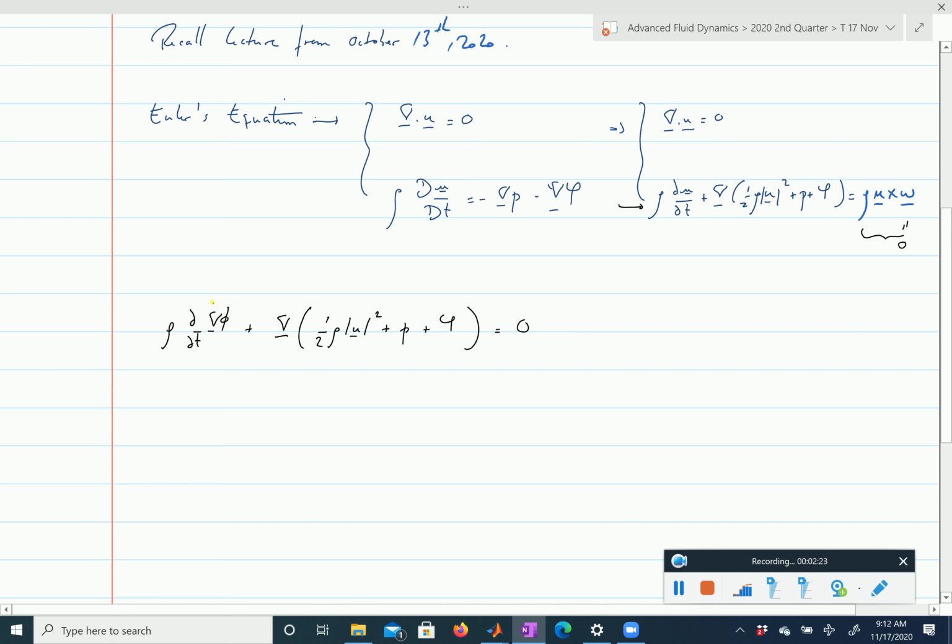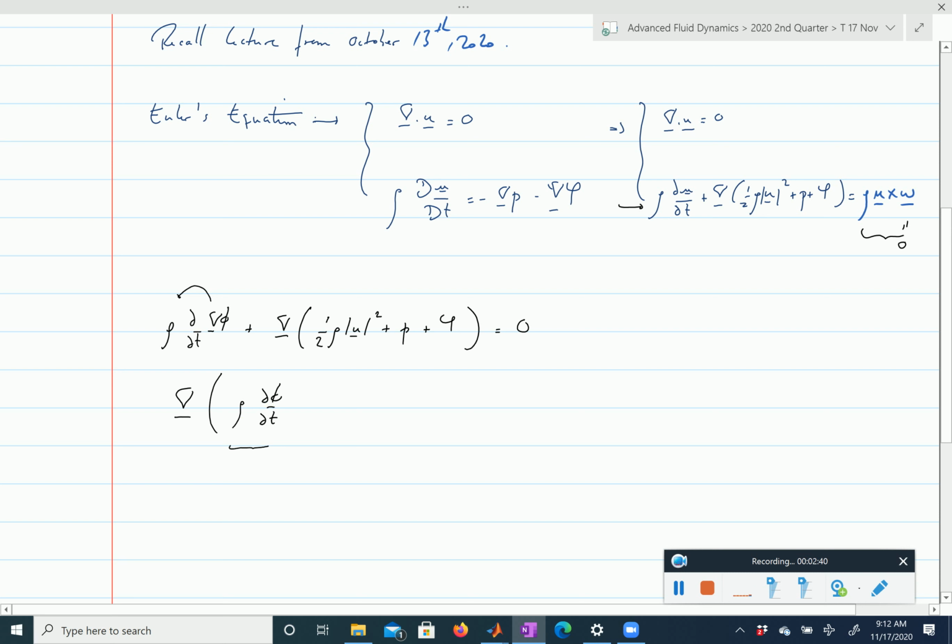You see that you can take the gradient out here, and you can write this as the gradient of a big scalar quantity, which is rho partial phi partial t. This term here is a scalar field.